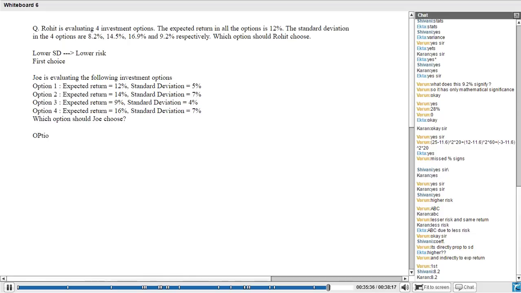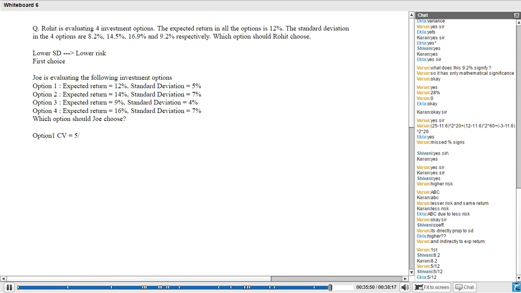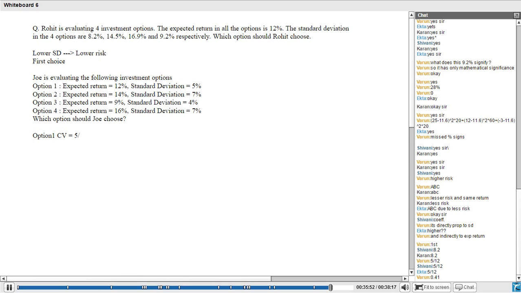So in option 1, what will be CV? What had we defined CV to be? Standard deviation by expected return, which is 5% by 12%, which is 0.41. Option 2, what will be CV?